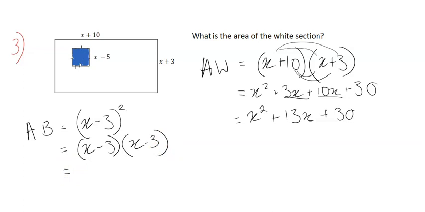Please don't shortcut this and just say, okay, that's x squared and that's 9. Because if you do that, let's have a look at what will go wrong with that. So you've got x times x, which is x squared, okay? x times negative 5, and then again x times negative 5, and then 2 negatives. So you've got negative 5 times negative 5, positive 25, okay?